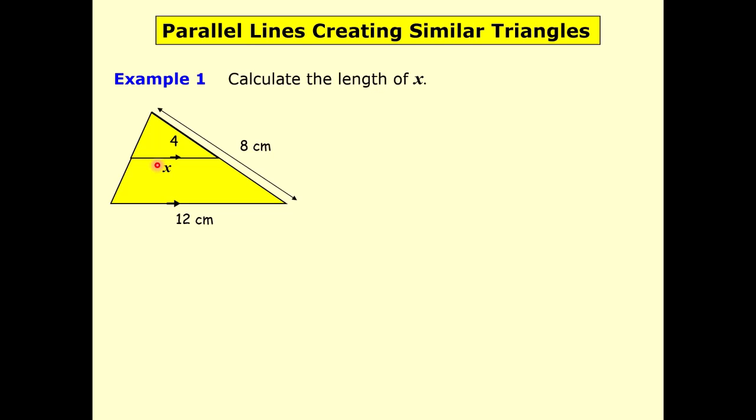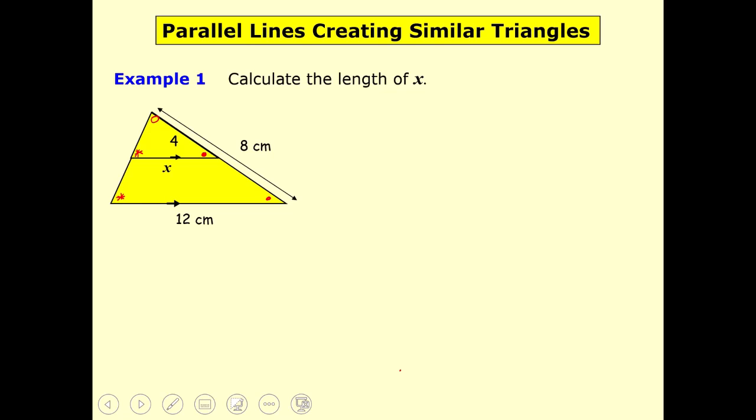Because those two lines are parallel, that makes this angle and this angle the same. It makes this angle and this angle also the same, and the shared point here, so both triangles will have that same angle. So that is one of the facts from similar shapes. The corresponding angles are equal, which is in this case.